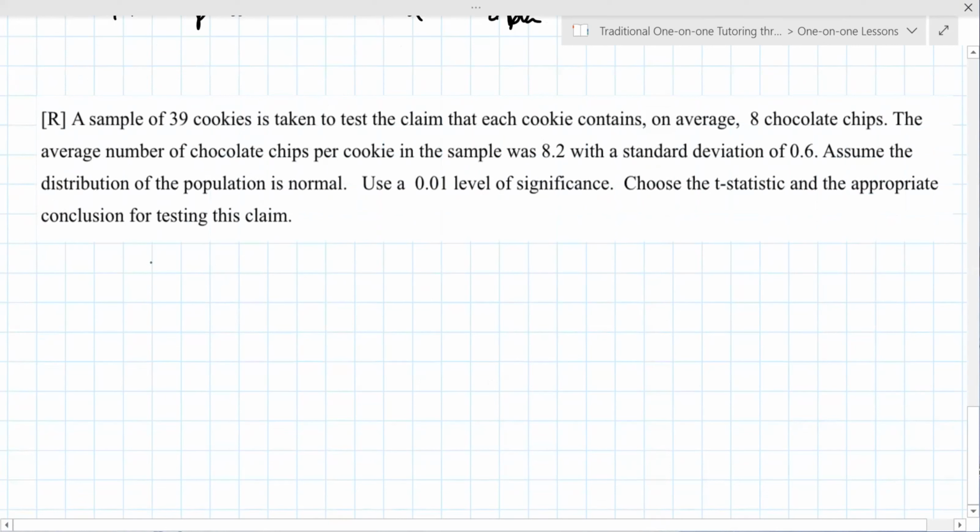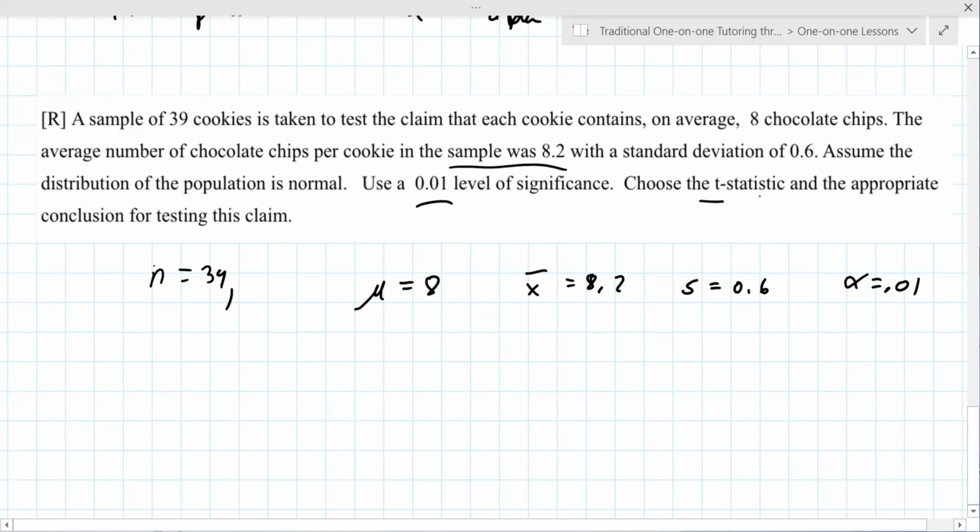Okay, so this is another question like the previous one. N is 39. Mu is 8. The sample X bar is 8.2 and S is 0.6. This time your alpha is 0.01 and they tell you it's a t-test. So you want to find t, and then we're going to use the p-value to decide whether it's big.